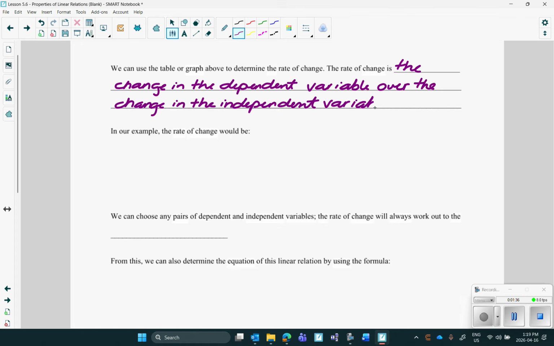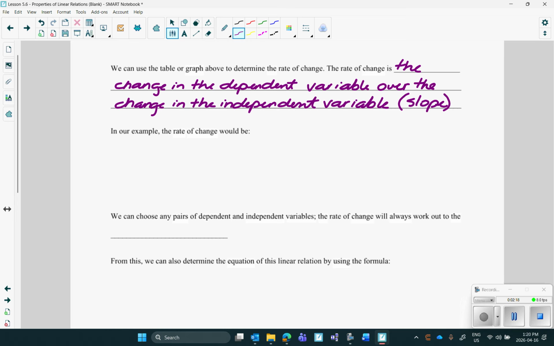That's a lot of words. What that really means is when we find the change in the dependent variable, which is the y's, divided by the change in the independent variable, which is the x's, that's the slope of the line. So really, this is just another name for slope. It's just with this one, we actually use units because we're actually looking at actual problems, not just a general graph where you find the slope of a line. It's some kind of problem situation.